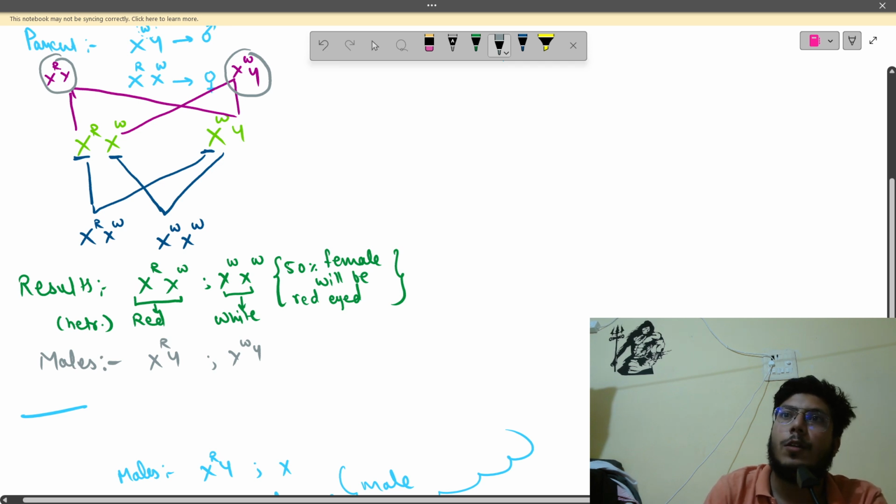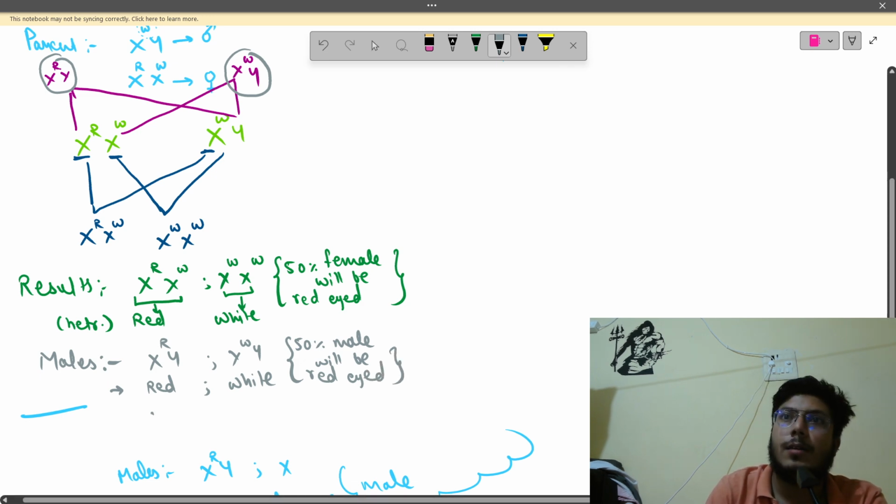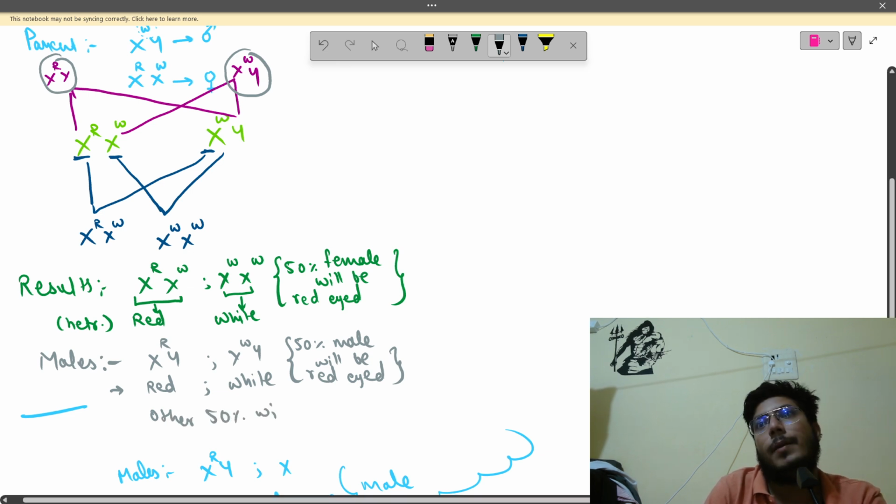So basically, one male will be red-eyed, the other male will be white-eyed. Same result, 50% of males will be red-eyed, and the other 50% will be white-eyed.